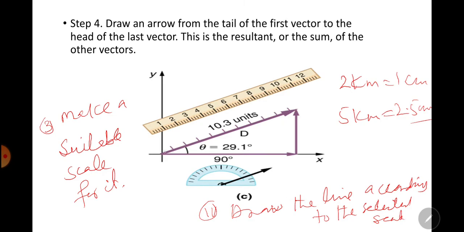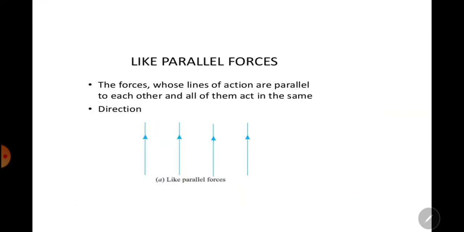For example, it says 3 meters along the x-axis and 2 meters along the y-axis. Then join the tail of the first vector to the head of the second vector. Okay, I will do it on a blank page.